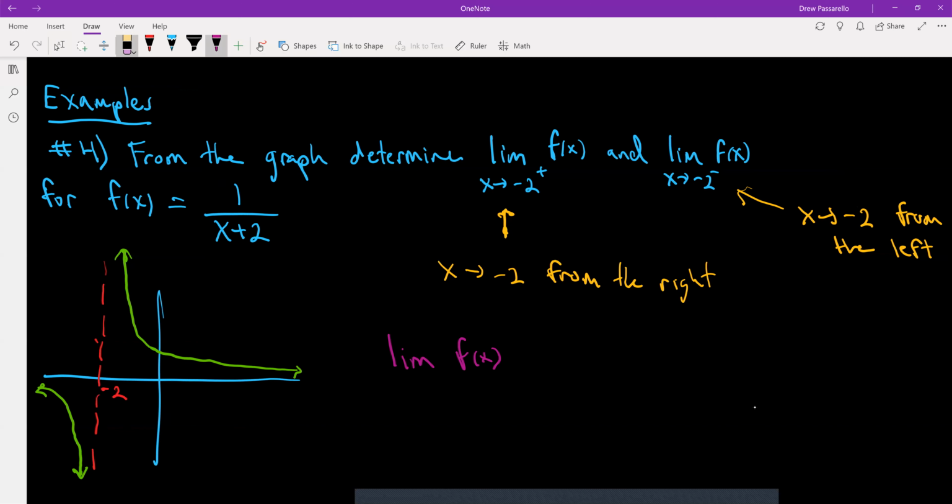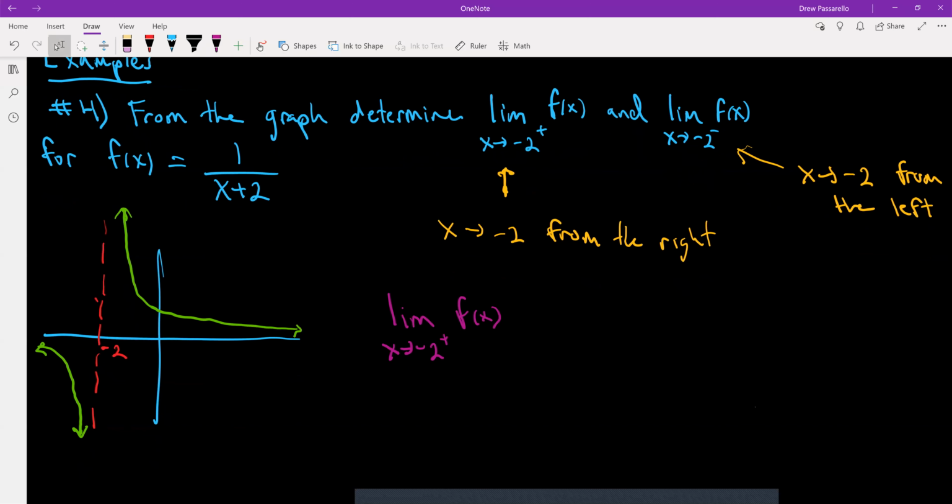So x approaches -2 from the right. If I have x values that are getting closer and closer to -2, the graph itself in green keeps going off to positive infinity. So we'd say the limit as x approaches -2 from the right is positive infinity.